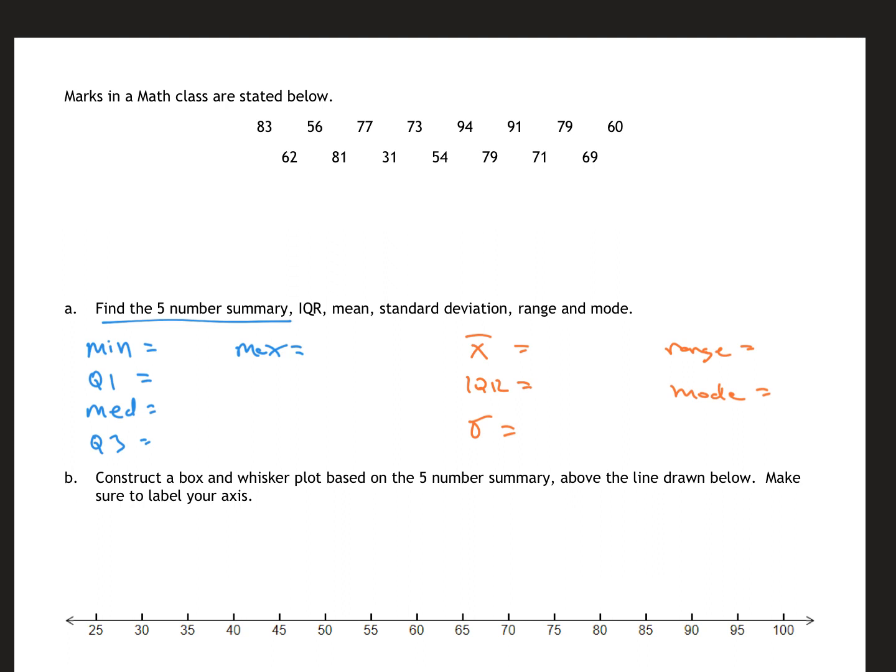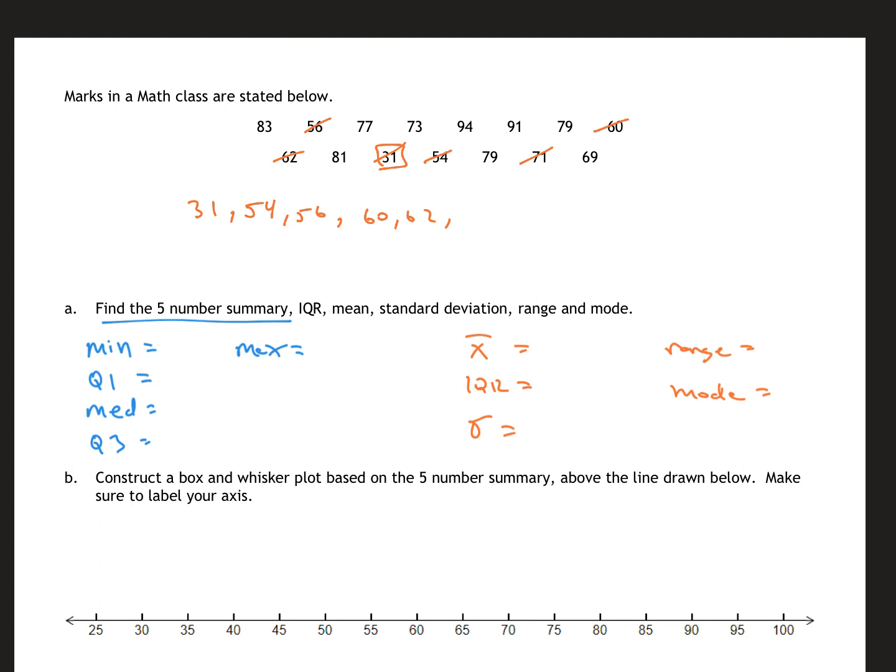So my smallest number here is 31. So 31, 54, 56, in the 60s. I got a 60 and a 62. Then I got a 71.